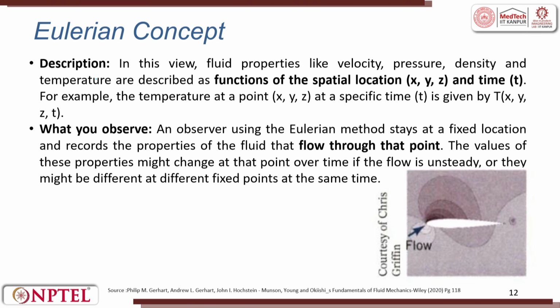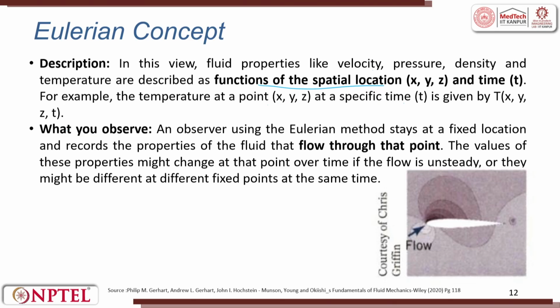The Eulerian representation is a control volume in space with fluid elements flowing in and out of it. In this view, the fluid properties like velocity, pressure, density and temperature are described as a function of location and time. For example, the temperature at a point x, y, z at a specific time t is given by this equation.